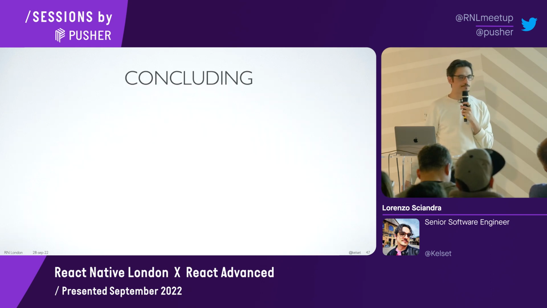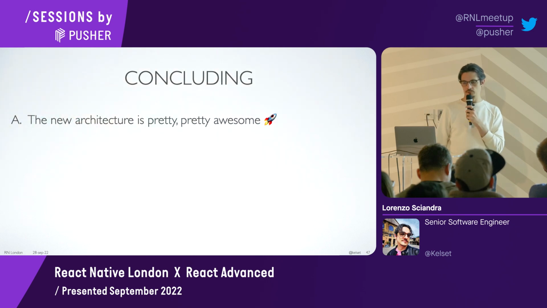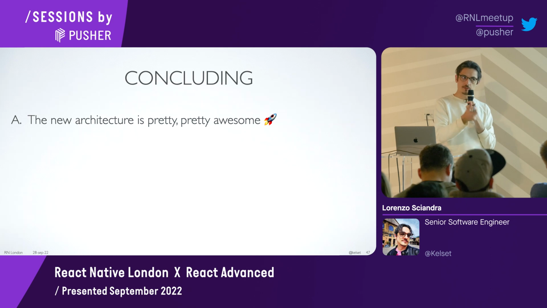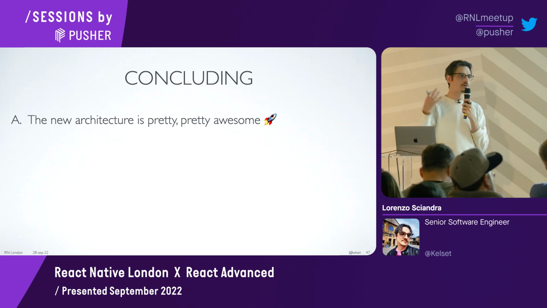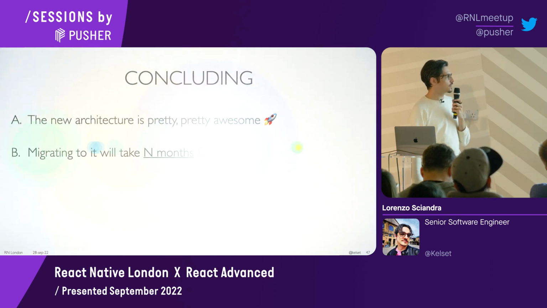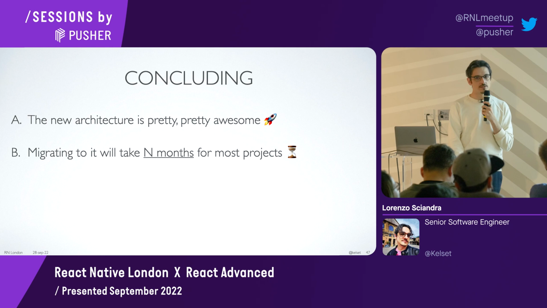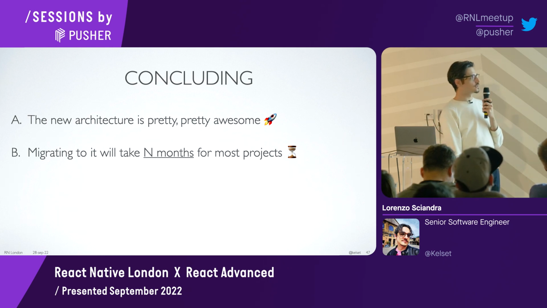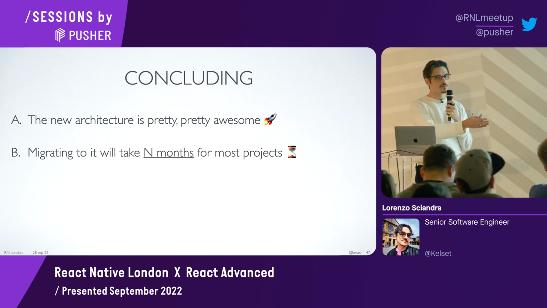So concluding here, because I hope I didn't go too much over time. The new architecture is pretty awesome. On paper it's awesome, and I'm sure that as soon as we are able to share more benchmarks, you're also going to feel that way. The second thing is it will take a number of months for everyone. I'm pretty sure that for the next 6 months at least, it will take you a number of months to migrate.